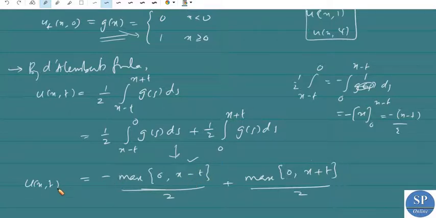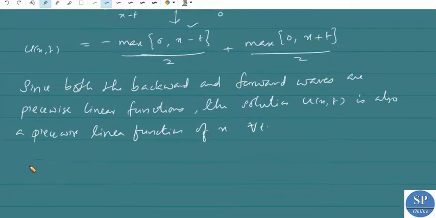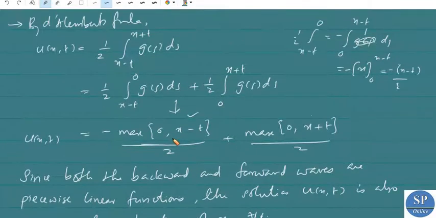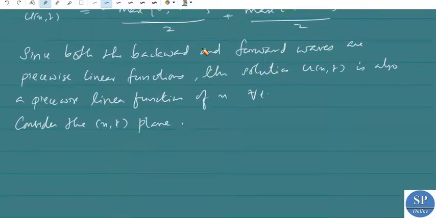So our solution u(x, t) is also a piecewise linear function. Now consider the xt plane. Here the initial conditions are not smooth only at the point x equal to 0.